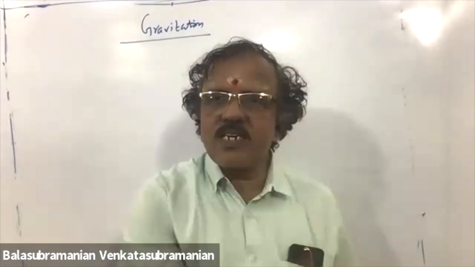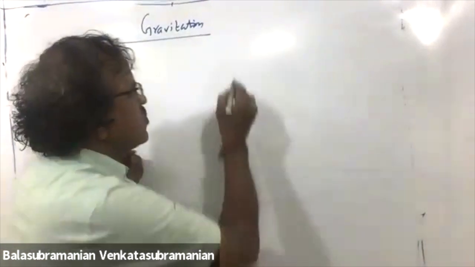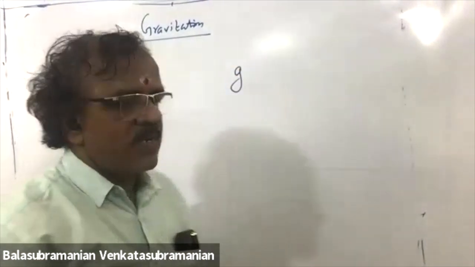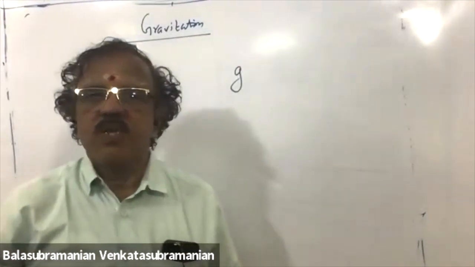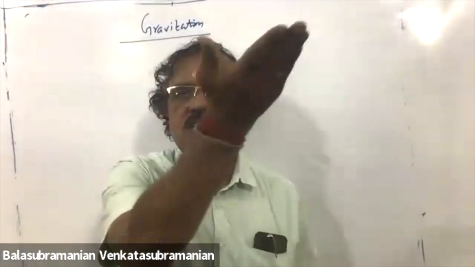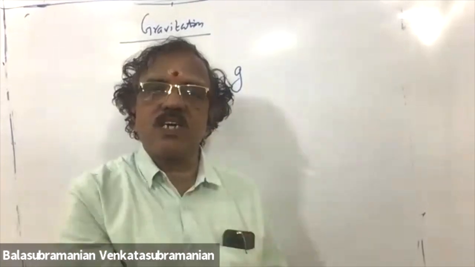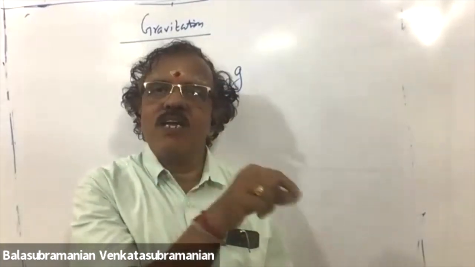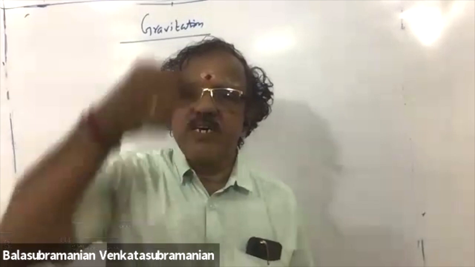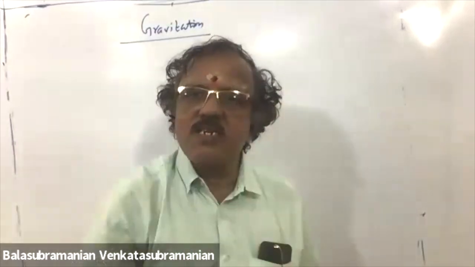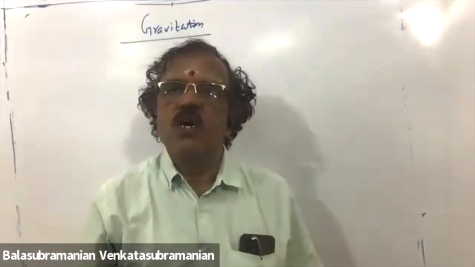When it is attracted towards the earth, we can say the term g, acceleration due to gravity, is positive. When you are moving the body vertically upwards, then the value of g is negative. When it is coming down, it is attracted towards the earth, so the value of g is positive.